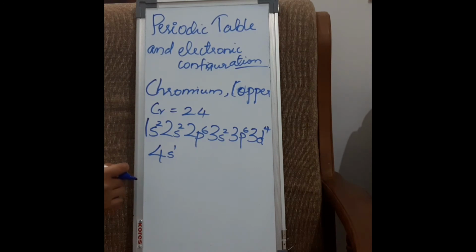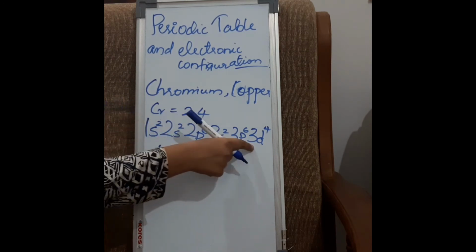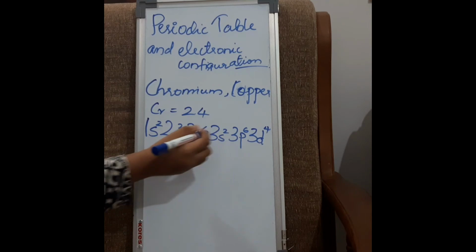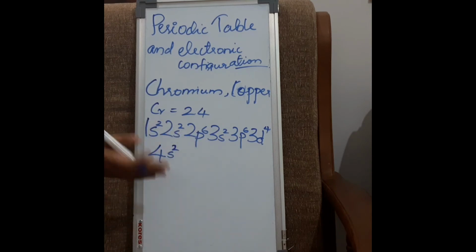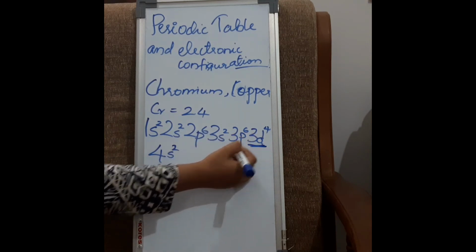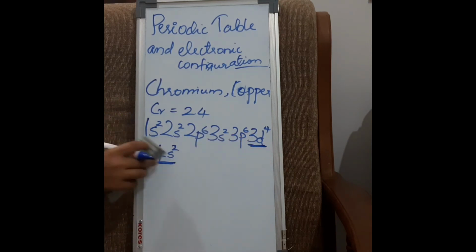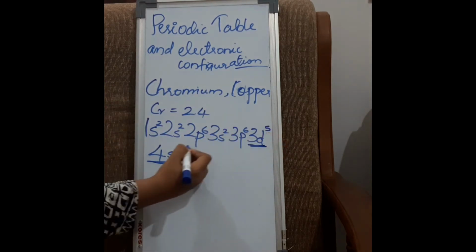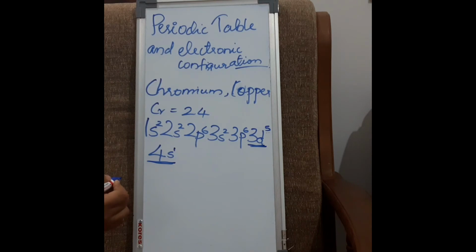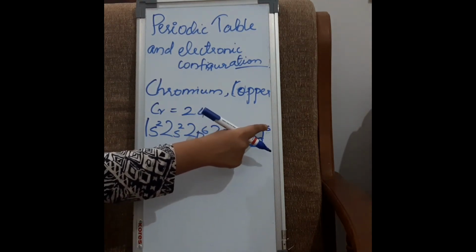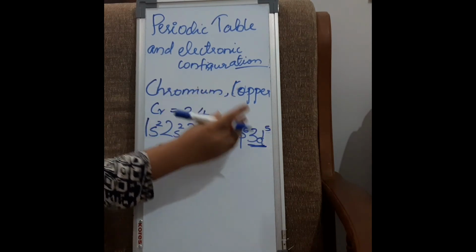But the peculiarity of chromium is that instead of writing 3d4 and 4s2, we have to write 3d5 and 4s1, because a d element having 5 electrons or 10 electrons will be more stable.